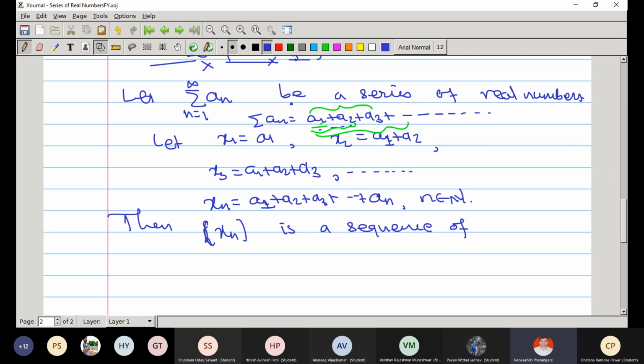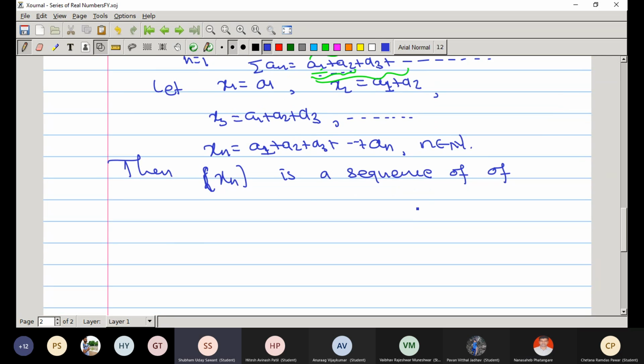So xn is a sequence, and there is a relation between this sequence and the original series. What is the relation? We are taking some terms from the series to construct the sequence xn. Do we add all the terms in xn at a time? No, just the first n terms. So it is a sequence of partial sums.